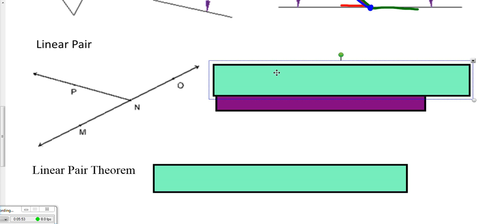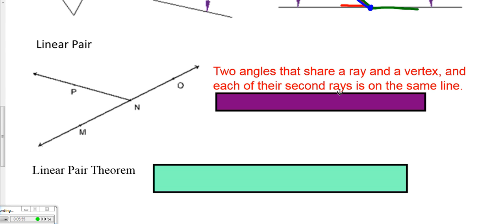Linear pair. A linear pair are two angles that share a ray and a vertex, meaning these ones are in fact adjacent. So here is the ray shared by these two. Here is the vertex shared by these two. And each of their second rays is on the same line.